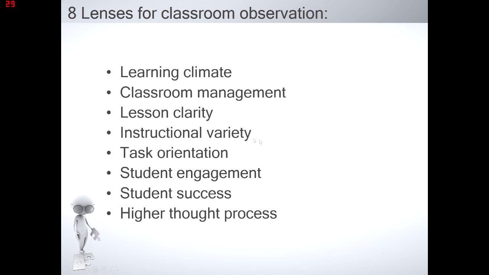Is there instructional variety? Are students getting a variety of activities? Is the task orientation appropriate? Is the lesson formatted in such a way that it makes sense to the students? Are the students actively engaged, or are they passive? Are they getting bored, or are they amused? All those things. Are the students able to experience any success through that lesson? And lastly, are any higher thought processes happening within the lesson?